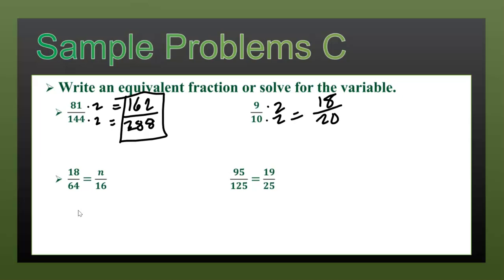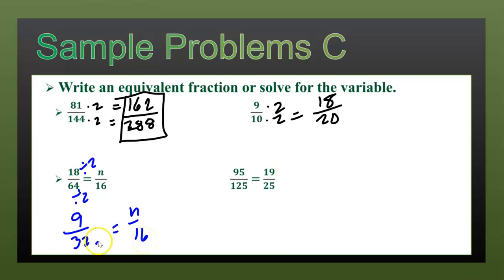So let's show another way of doing this. Let me try something else different. Let's simplify this first fraction here. So if I divide these by 2, that's going to give us 9 over 32. And this is going to equal n over 16.